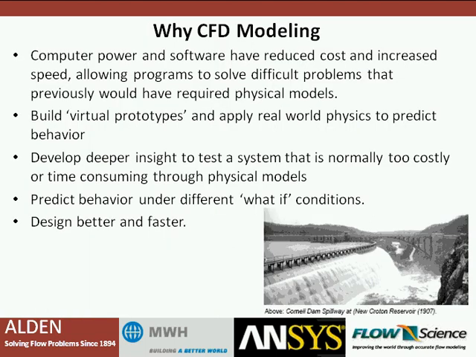Now, CFD has come into play more recently for a number of reasons. I'll let my associates talk about some of the details, but with the increasing availability of computer power and the software that's been developed recently, we've been able to do this in a much more cost-effective manner. We were actually able to do these virtual models now to simulate the projects, whereas previously we would do this using physical models.